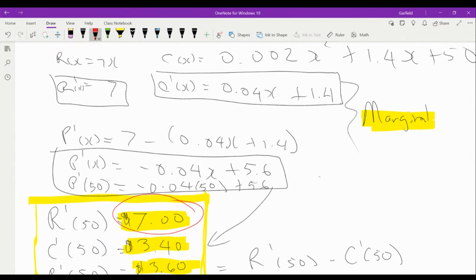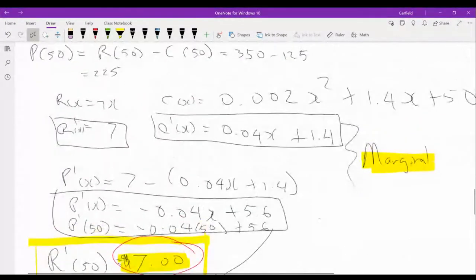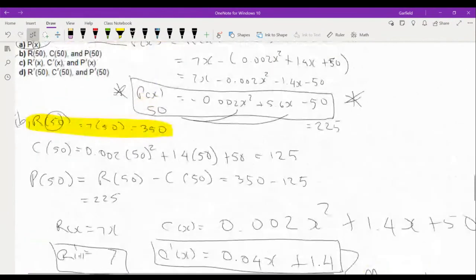Because our marginal revenue is $7 per unit. So this information is telling us how much more revenue we would make per unit above that 50 unit amount. So for 51 units, it would be $350 plus the $7, which would be $357.